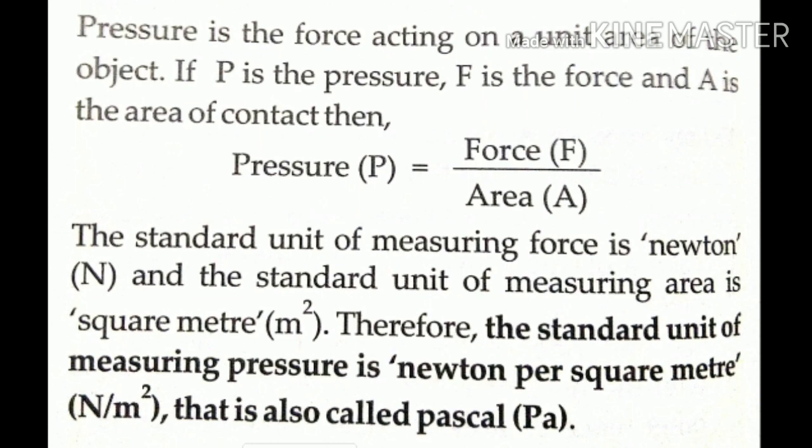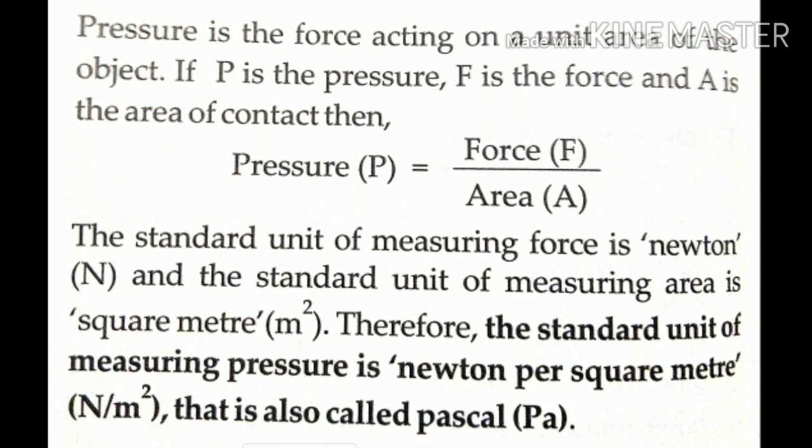In the previous part of our video, we have learned that the SI unit of force is Newton and the standard unit of measuring area is square meter. On putting these two units of force and area in the formula, we will get the standard unit of pressure.